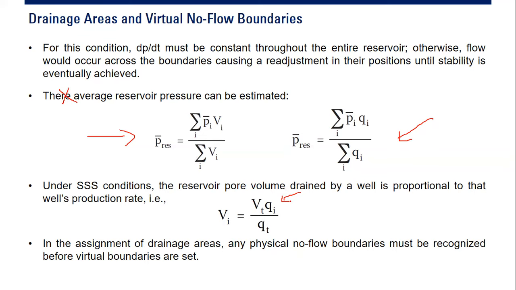If the well produces with low flow rate, small flow rate, then the drainage area or drainage volume will be small as well, and vice versa. And in the assignment of drainage area, any physical flow boundaries must be recognized before virtual boundaries are set.